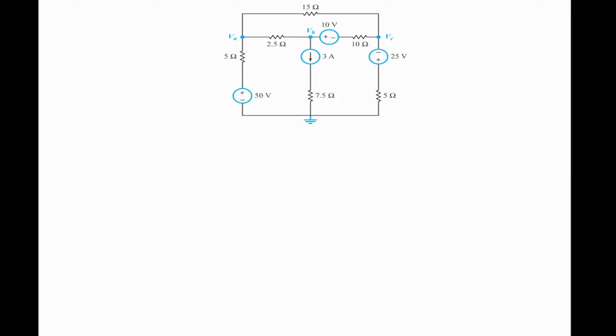When using nodal analysis, we like to see current sources, not a problem, because basically what we're doing, if we take the difference between VA and VB divided by the total resistance in that branch, all we're finding is the current flowing in that branch.